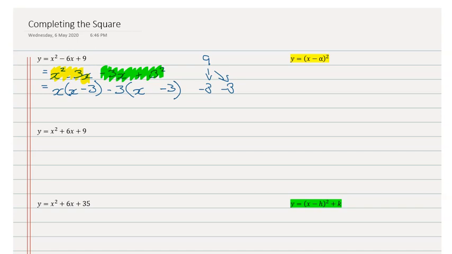Therefore we can simplify this down by taking out a factor of x minus 3, leaving behind the x here and the negative 3 here, and therefore notice it's x minus 3 times x minus 3. We can simplify that down to x minus 3 all squared.